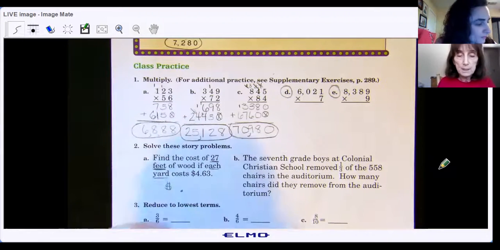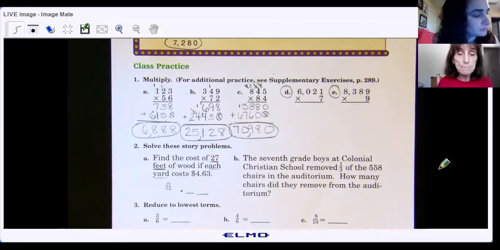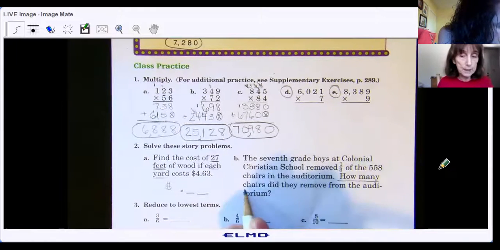The 7th grade boys at Colonial Christian School removed 1/3 of 558 chairs in the auditorium. How many chairs did they remove from the auditorium? Okay, we're talking chairs now. You're going to underline that. Remove would probably be your key word there.